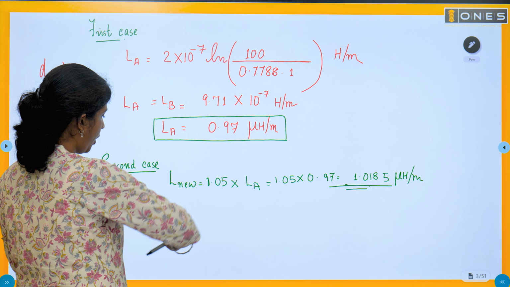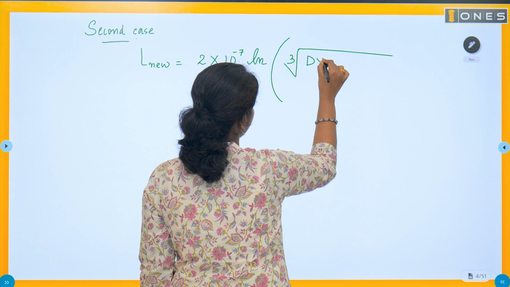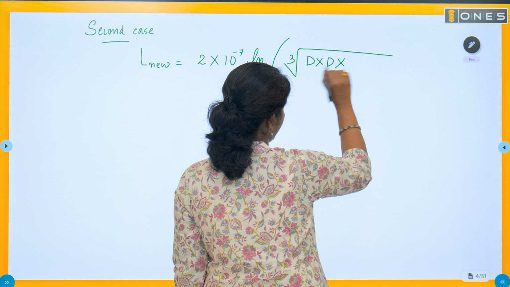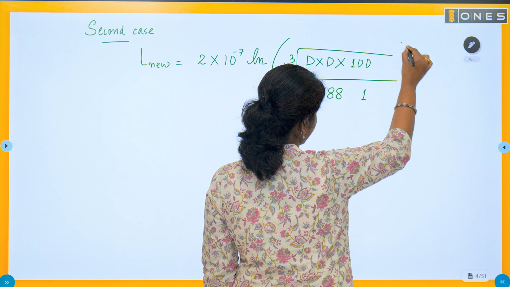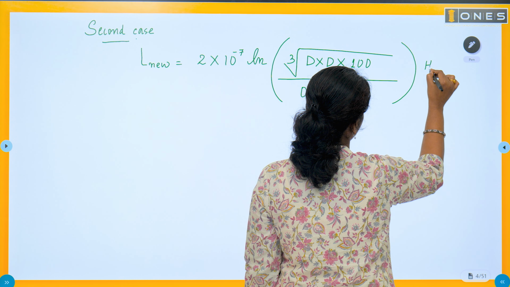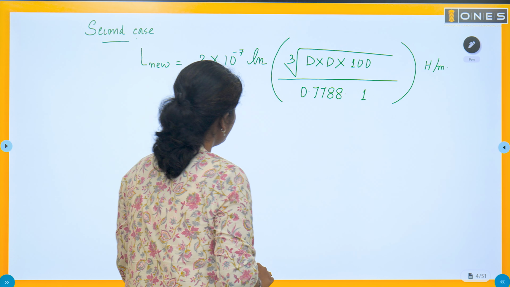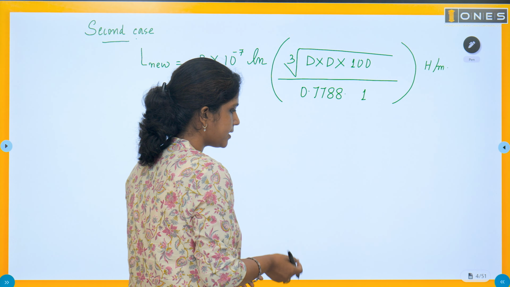Which distances? D into D into 1, that is D square into 1 meter, or we can write D square into 100 centimeter. So D equivalent is the cubic root of D into D into 100 centimeter, divided by R dash. The value of R dash does not change: 0.7788 into the radius, which is unchanged, so it is 1 centimeter. Henry per meter. So you just equate the answers like this.